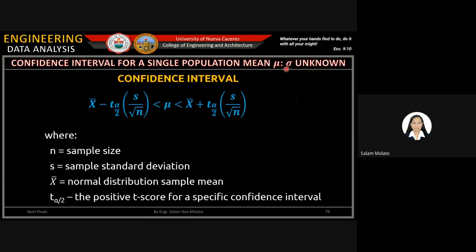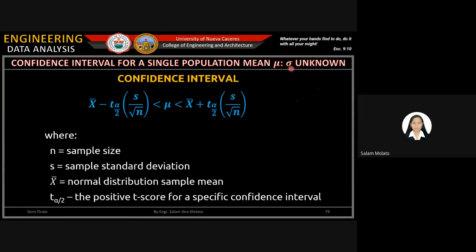And another thing, so that you won't be confused and you will know what to use in the exam: is it T sub alpha over 2 or Z sub alpha over 2? Remember this.